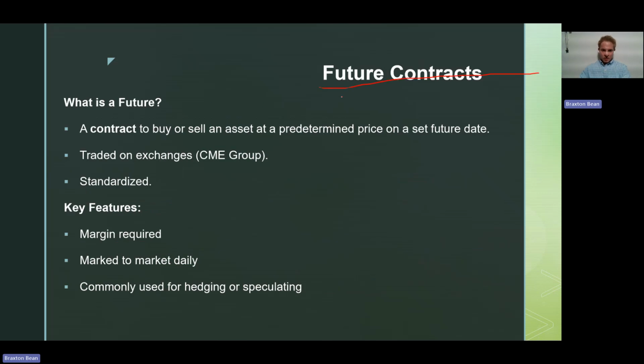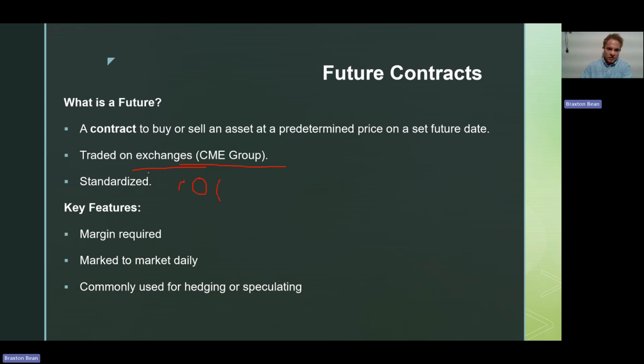So to start off, we'll go to a futures contract. Now, a futures contract is a contract to buy or sell an asset at a predetermined price on a set future date. You can generally get these on exchanges. They're very standardized.